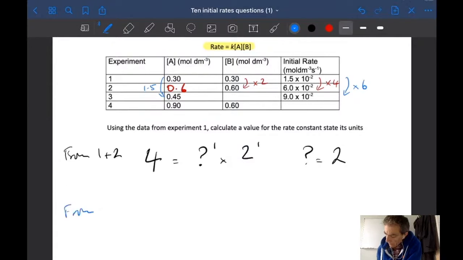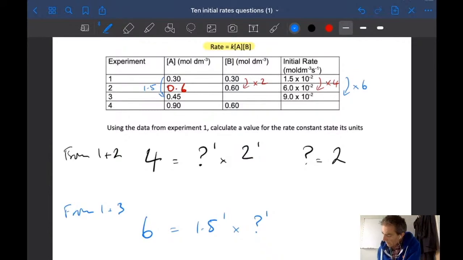From 1 and 3, a 6-fold increase in the rate has been brought about by a 1.5-fold increase for A raised to the power 1 multiplied by an unknown increase raised to the power 1.